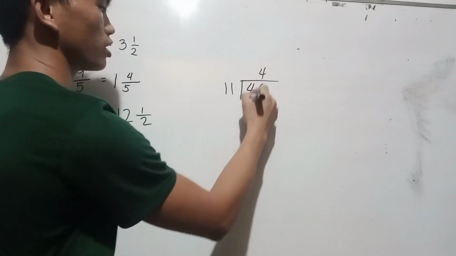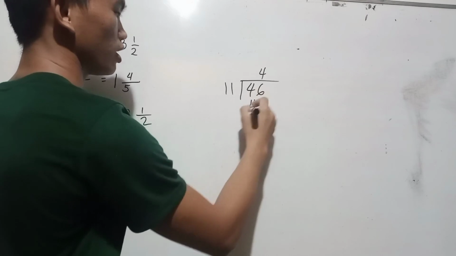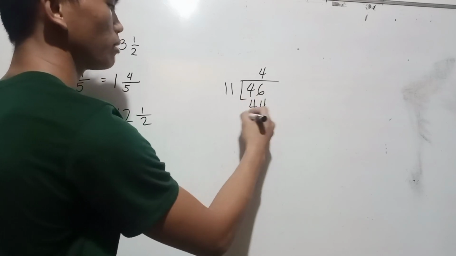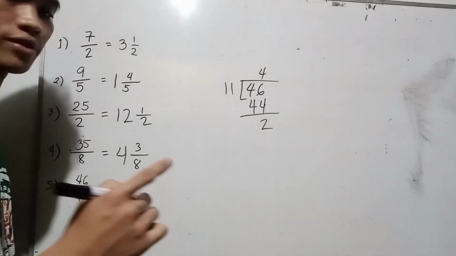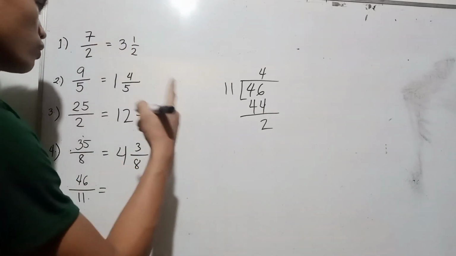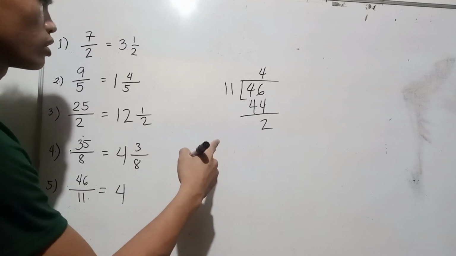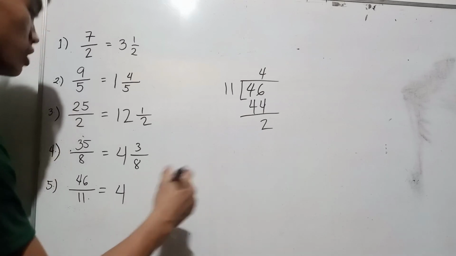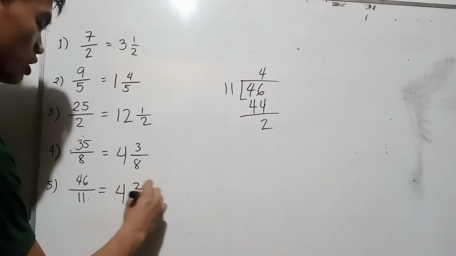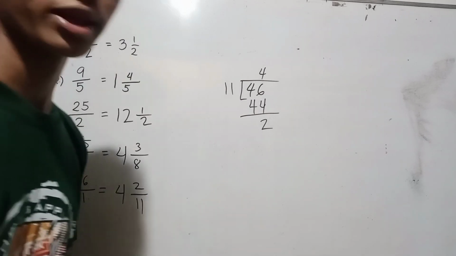The answer is 4, since 4 times 11 is 44. When you subtract these two numbers, the answer is 2. So the quotient is 4, which is the whole number, and the remainder is 2 and the divisor is 11. Okay, all done.